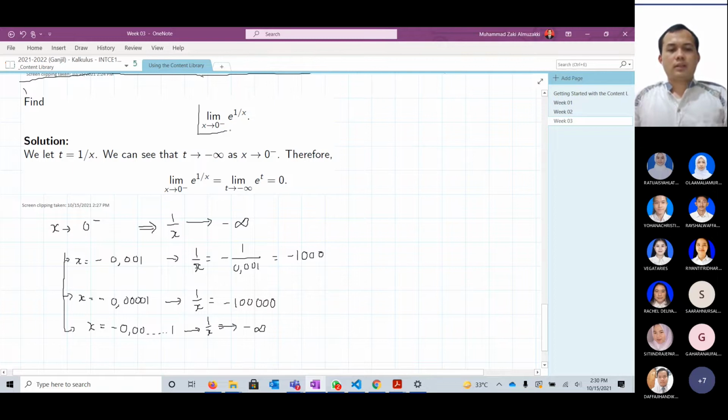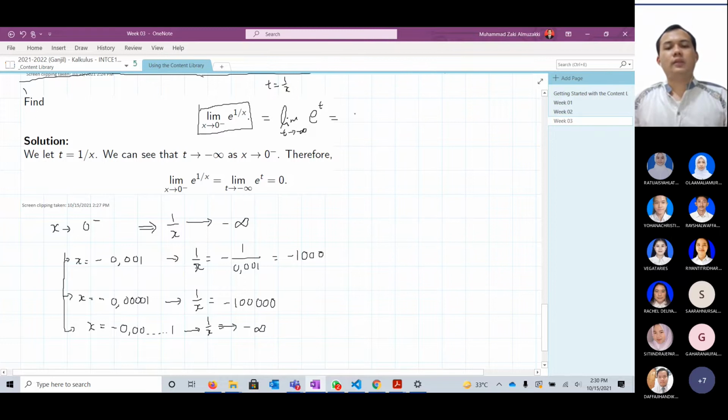And if we have this, if we let t equals 1 over x, meaning that we will have limit e power t, and since x goes to 0 from the left, meaning that 1 over x goes to minus infinity, since we use t, then we say that t goes to minus infinity.